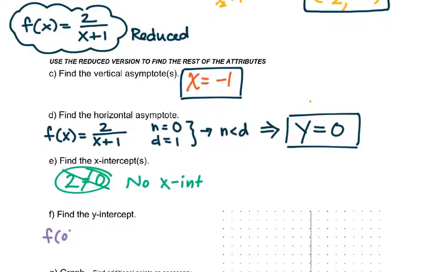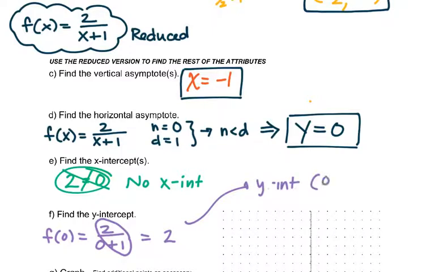So f of 0 equals 2 over 0 plus 1. And you'll notice it's just going to simplify to 2. So my y-intercept is at 0, 2.